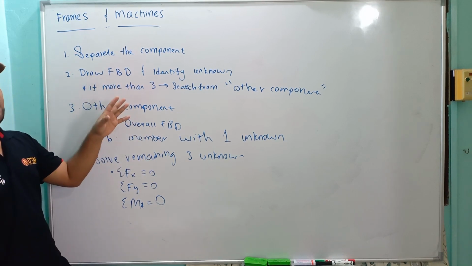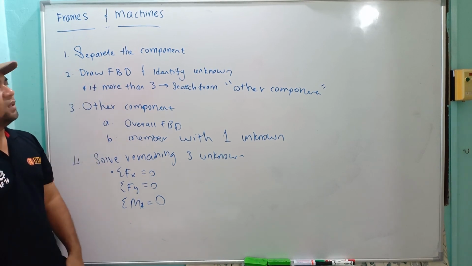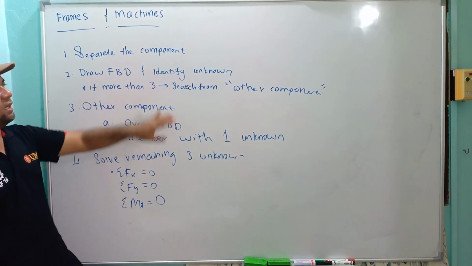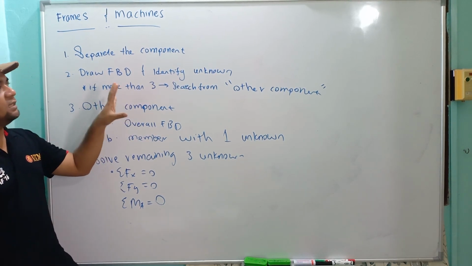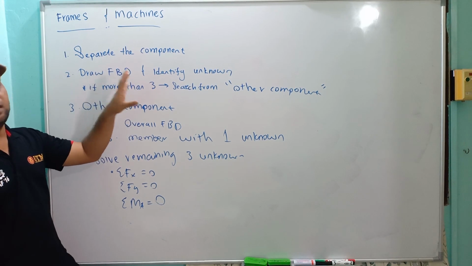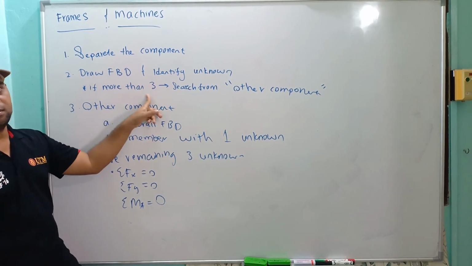You separate that component and start to draw the free body diagram, and then identify the unknowns. Normally in this chapter you will have more than 3 unknowns.